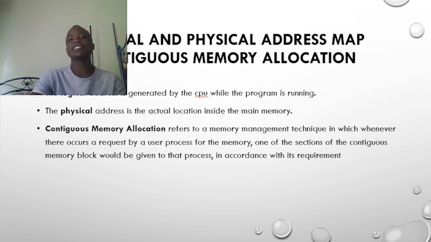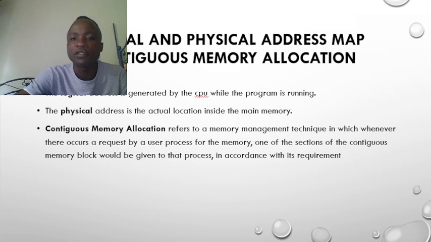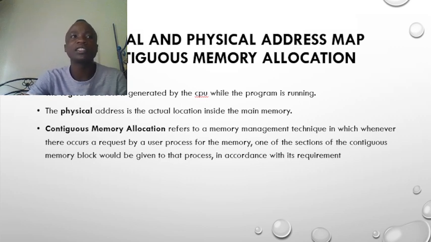These are very important terms in memory management. We have the logical and physical address map, and the contiguous memory allocation. The term logical refers to virtual memory, and the term physical is the tangible memory.